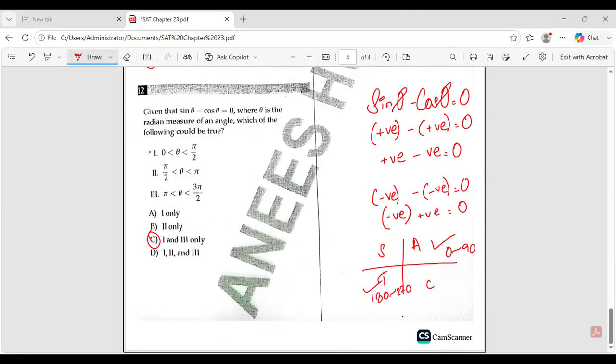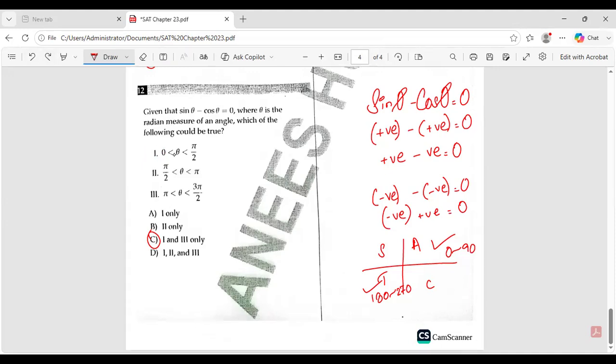Pi is equivalent to 180, so pi by 2 is 90, the first one, and then from 180 to 270 in the third one. Therefore, the answer is 147.